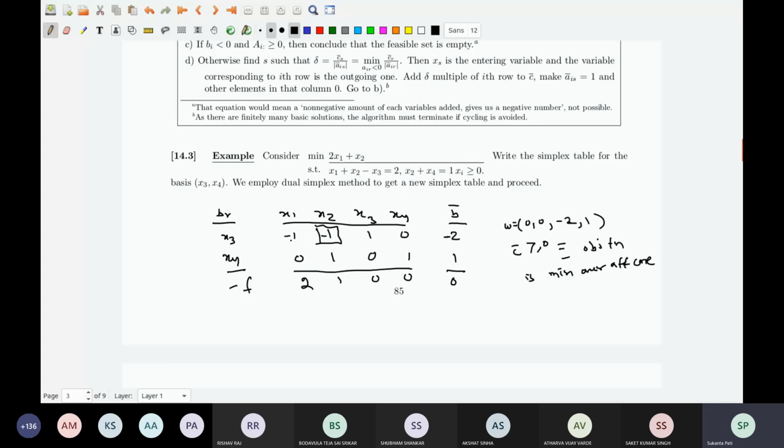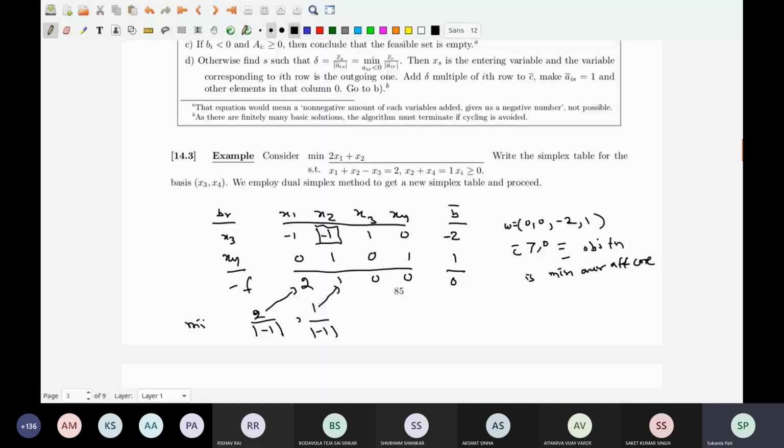I found the ratio 2 divided by the absolute value of -1. They are negative, so they will become positive. This one is from here, divided by the absolute value of -1, and I found the minimum. Whichever satisfied the minimum, that is what I have made my pivot.